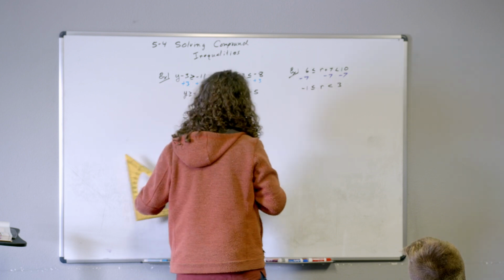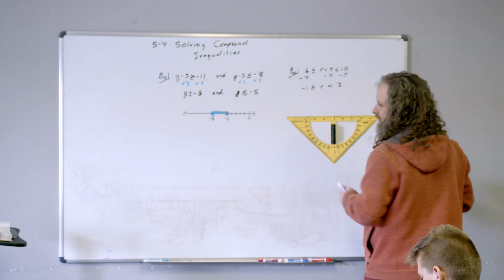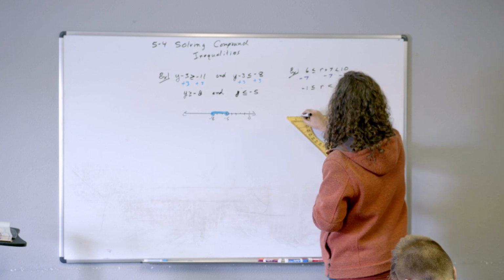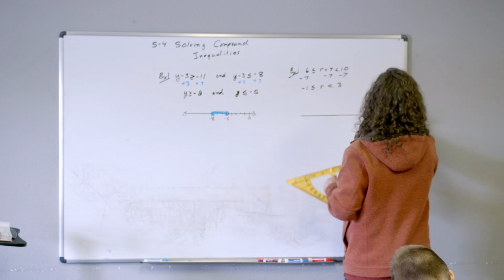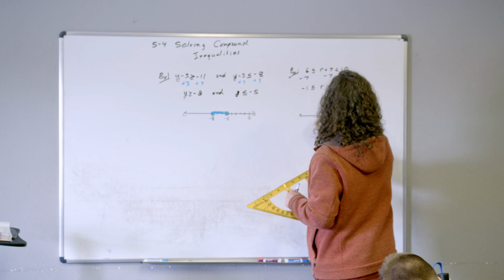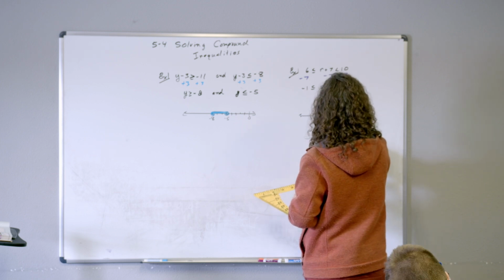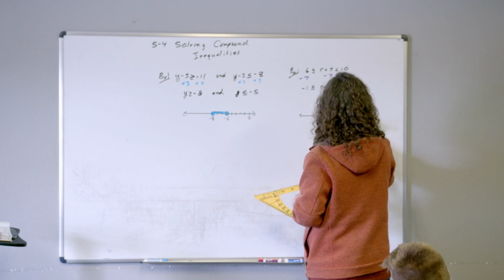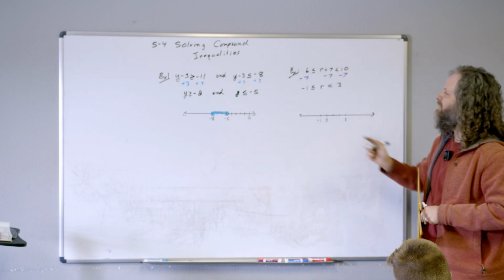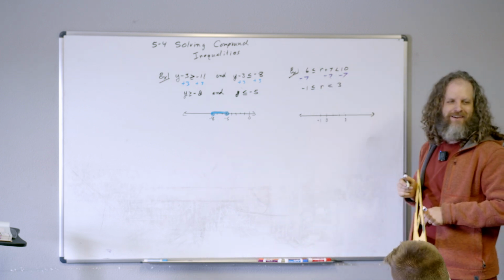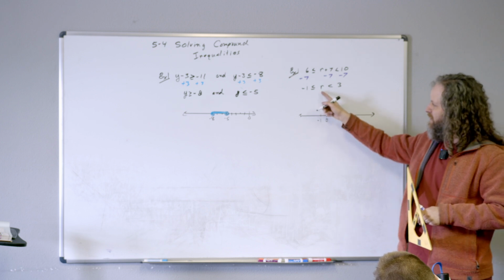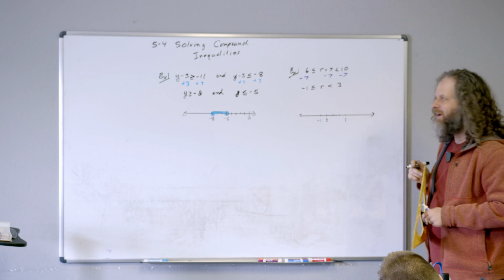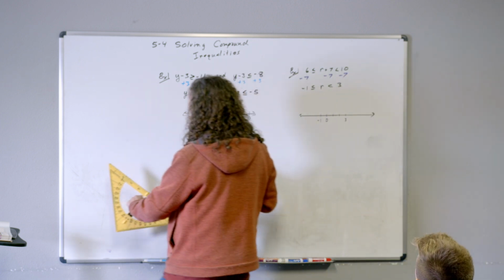Now, these ones are a little bit trickier to graph, kind of, because normally we just look at the arrow and see which way it points and go from there, right? But this time, 1, 2, 3. One of them is backwards. One of them, the variable's on the wrong side, right? So r is actually greater than or equal to negative 1 and less than 3, right? So we're still going to put circles.